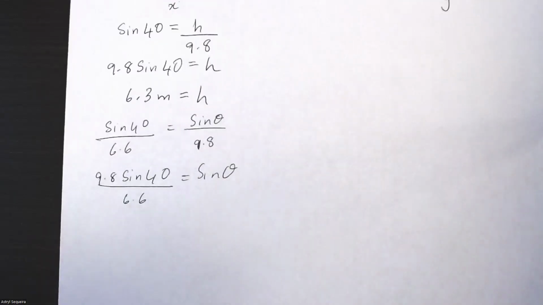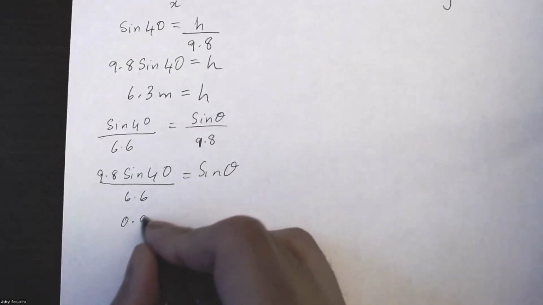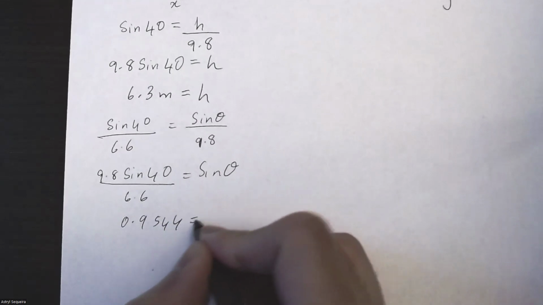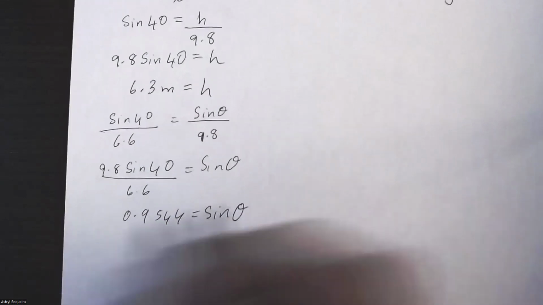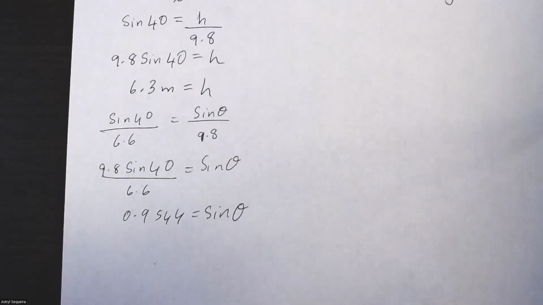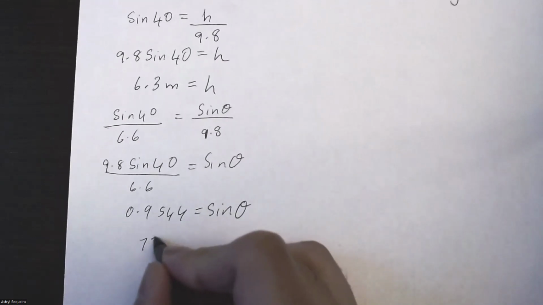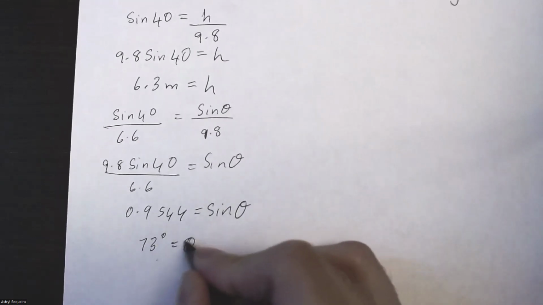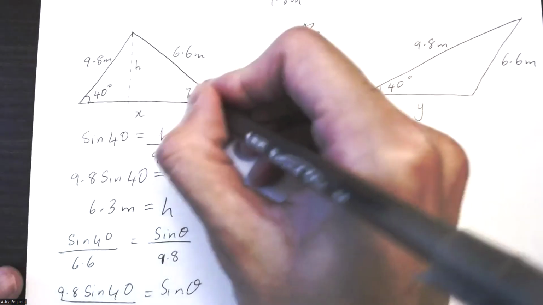And I'll put this in my calculator. 0.9544. And then I'll do the sine inverse of this to find theta. So theta, I'll round it to a whole number, is 73 degrees.